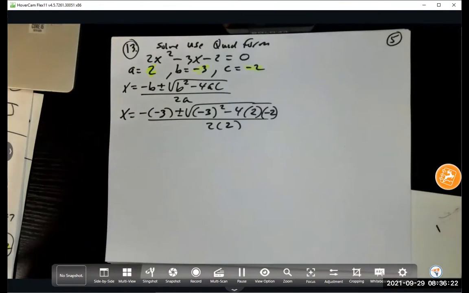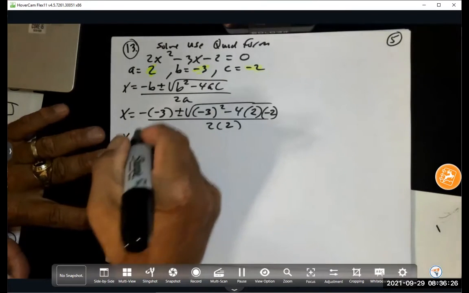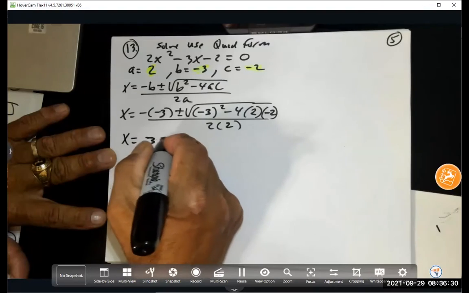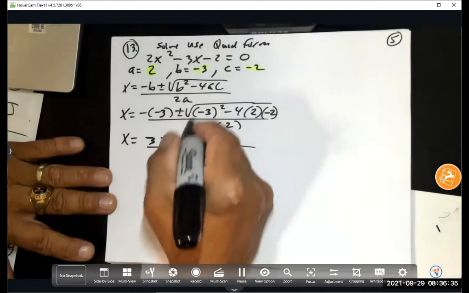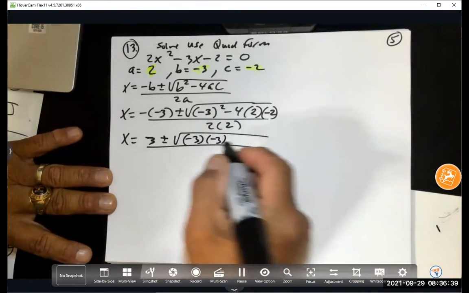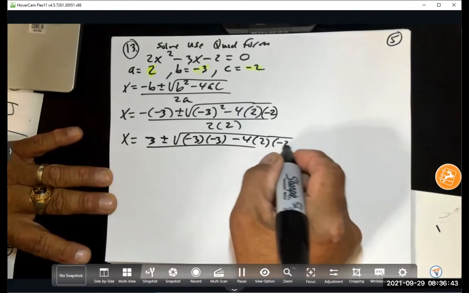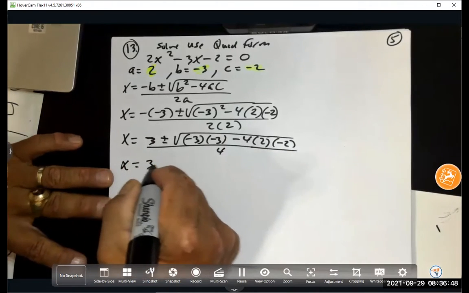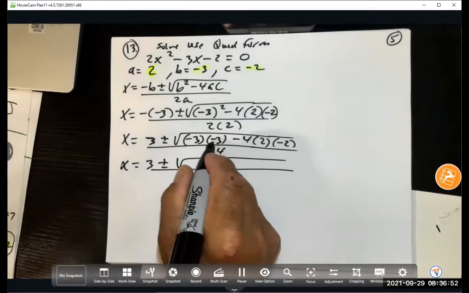All right. So now let's do that. Negative of negative 3, that's just 3, isn't it? Positive 3. Negative of negative is +3. And then this is going to be -3 times -3. I need to do that the long way in a second. So this is going to be 3 plus or minus. What's -3 times -3?